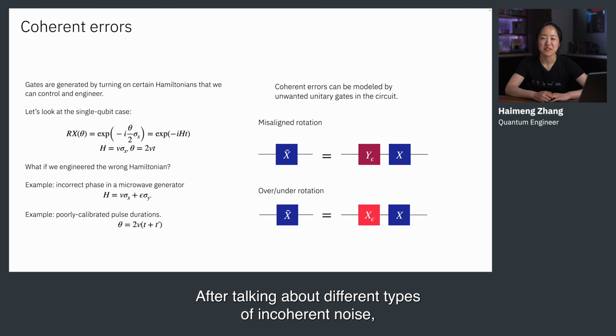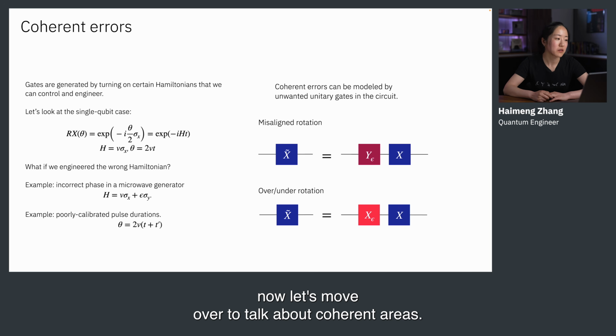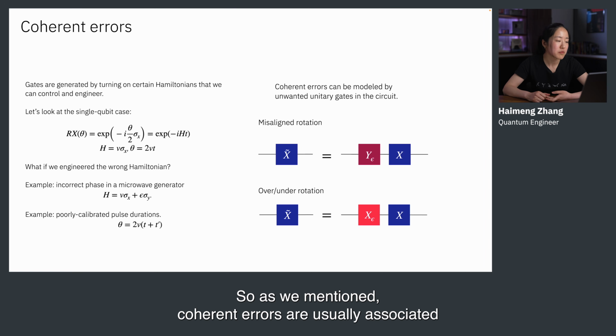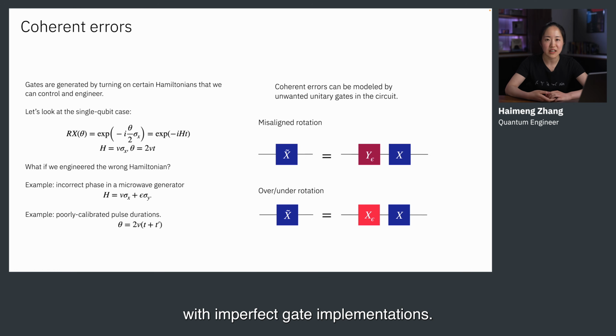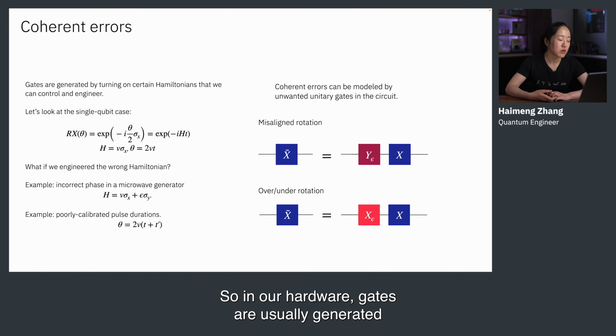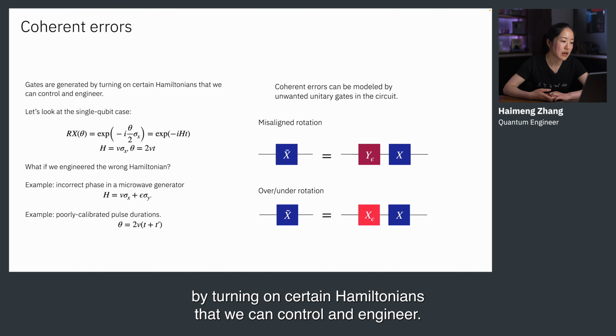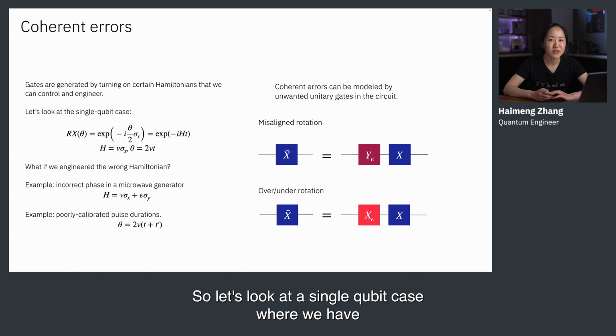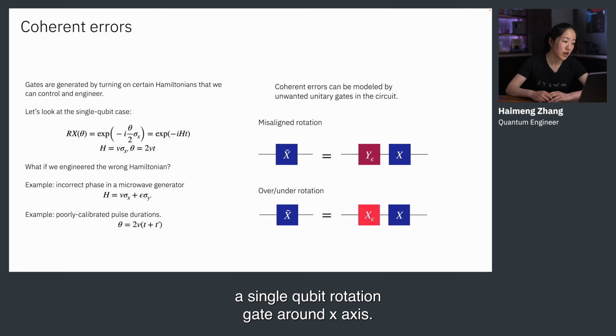After talking about different types of incoherent noise, now let's move over to talk about coherent errors. As we mentioned, coherent errors are usually associated with imperfect gate implementations. In our hardware, gates are usually generated by turning on certain Hamiltonians that we can control and engineer. Let's look at a single qubit case where we have a single qubit rotation gate around the x-axis.